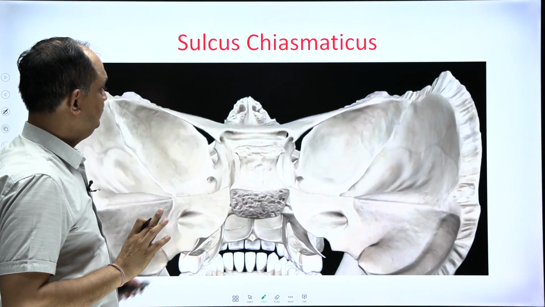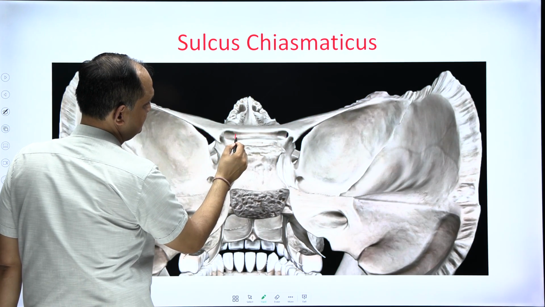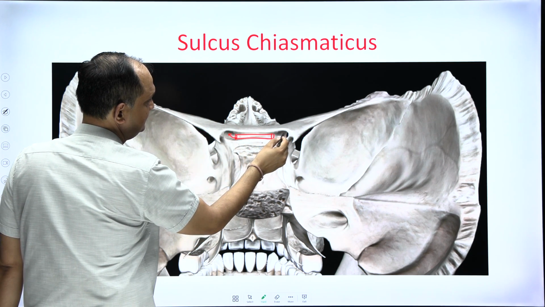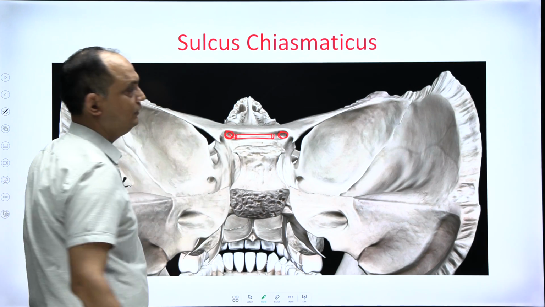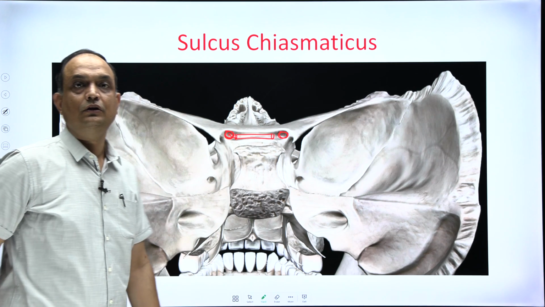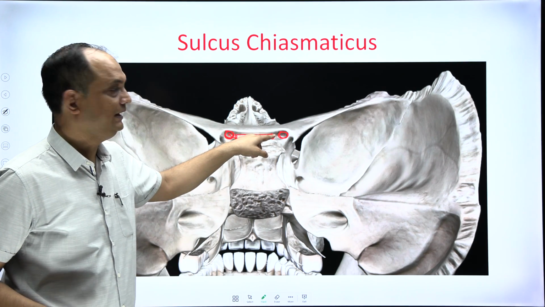Here you can see that this is your sulcus. Now here you can see this area is the sulcus, and when you trace it to the side, you can see that these are the two optic canals where you have the optic nerves. So when you see from the posterior side, you are able to appreciate this sulcus chiasmaticus.